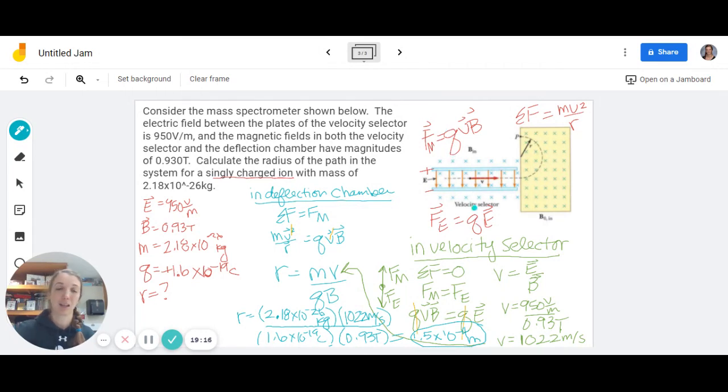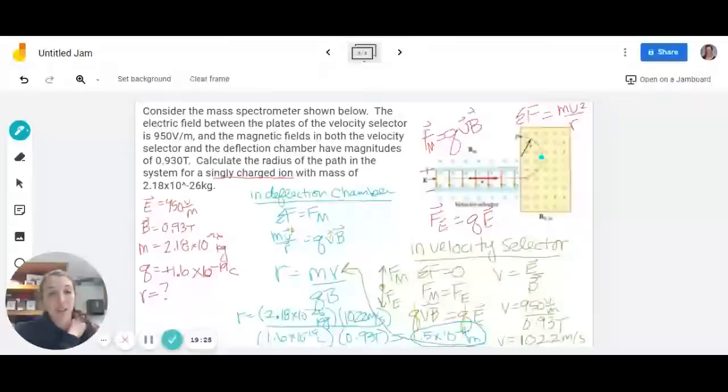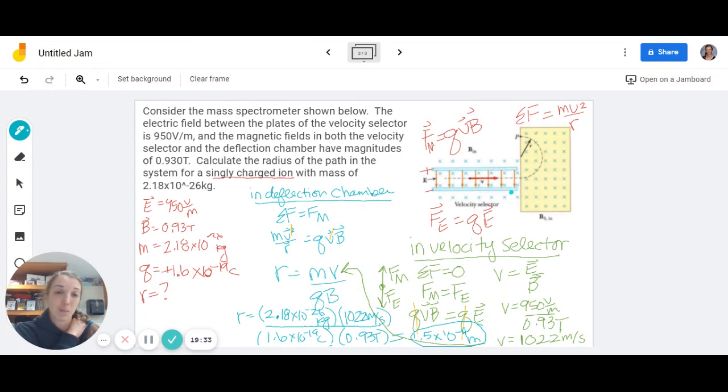Charge doesn't affect your force in this part, but the speed does, and the magnetic field and electric field are constant. Then it gets to this part, and this is where the particles are separated by mass. We know they're all going the same speed, so the radius at which they move is going to be dependent on their mass. So we can separate particles by mass using this method.